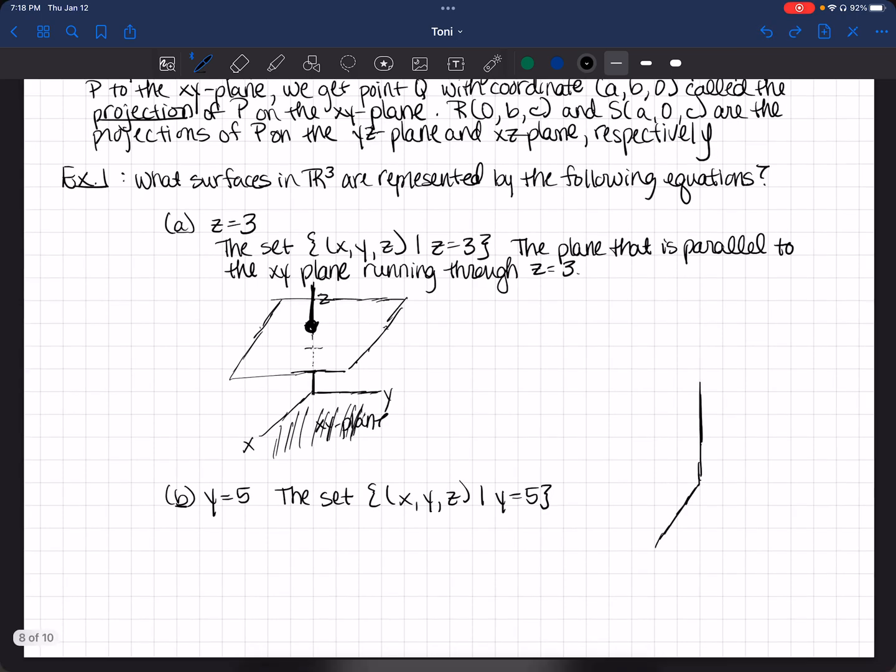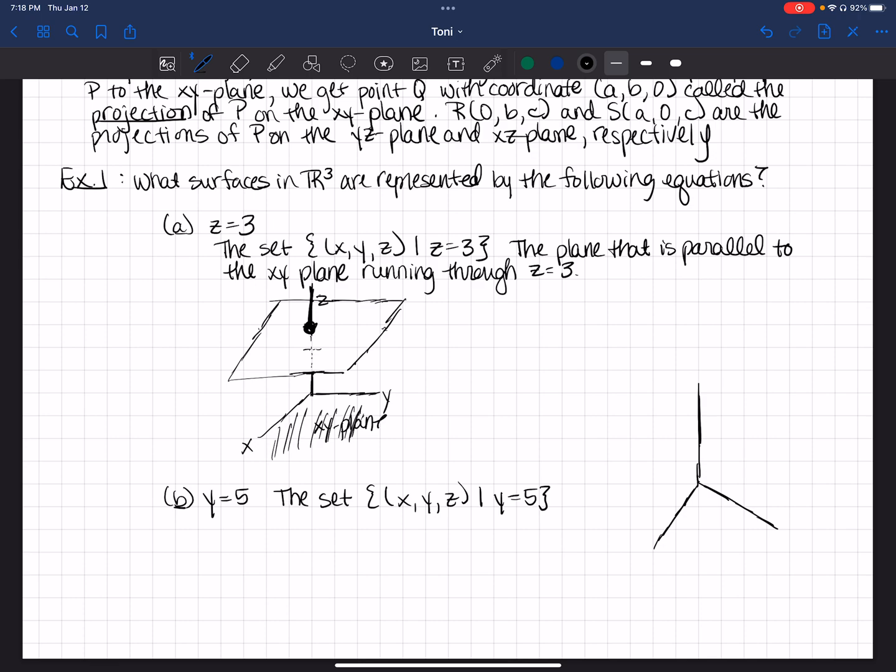I didn't take enough classes to practice. I took Cal 3 and 4, which dealt with that, but evidently it wasn't enough. Okay, so we're at y equals 5. Well, 1, 2, 3, 4, 5. And it's going to be a vertical plane that is parallel to the xz plane. Okay, here's x, here's z, here's this plane. See how it sits up tall?